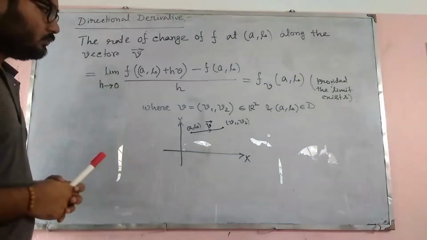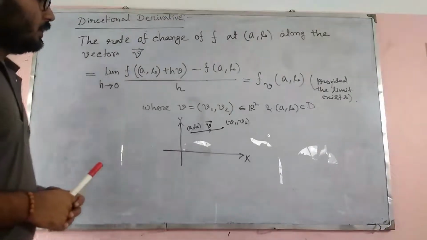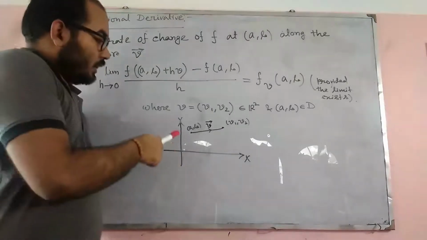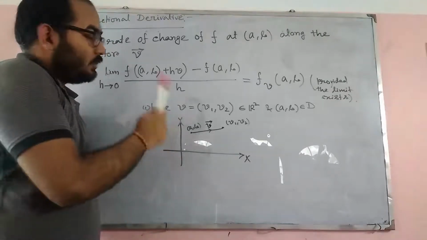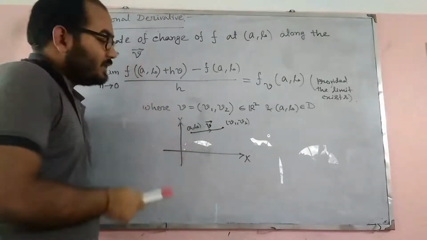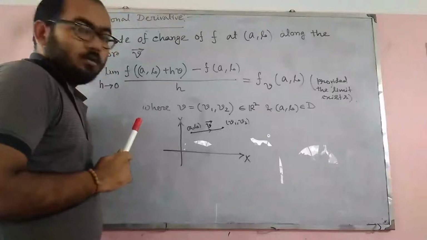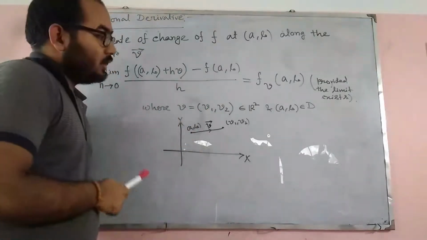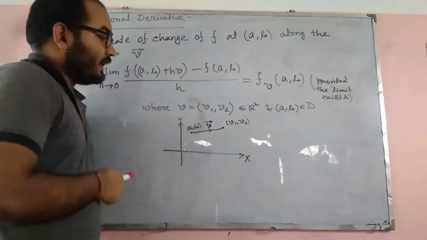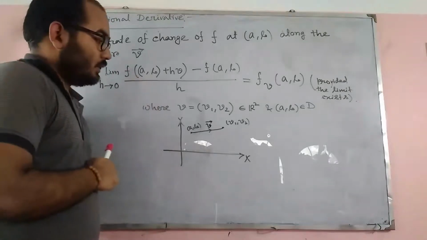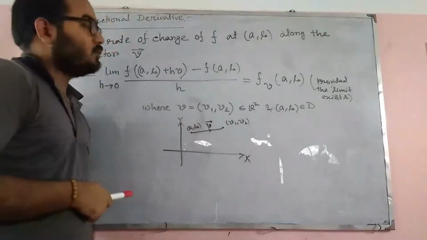Now I will give you the pictorial view of this definition. See, here I have drawn the famous xy plane. Suppose your point a comma b is situated here, and the point v, which is v1 comma v2, is situated here, and our vector v cap is nothing but a straight line between the point a comma b and the point v1 comma v2.